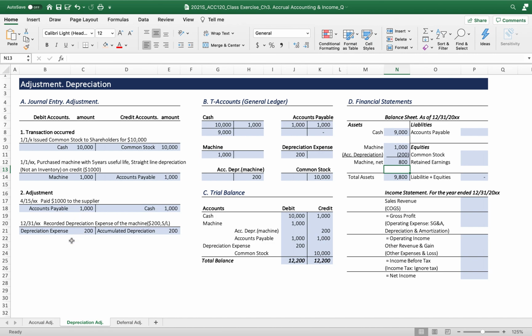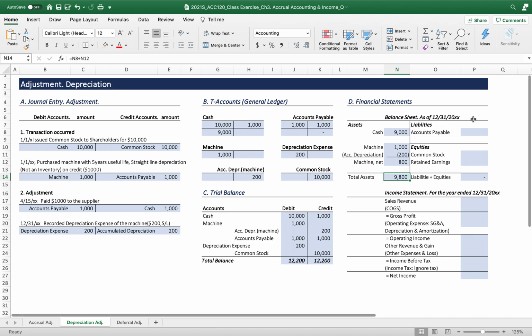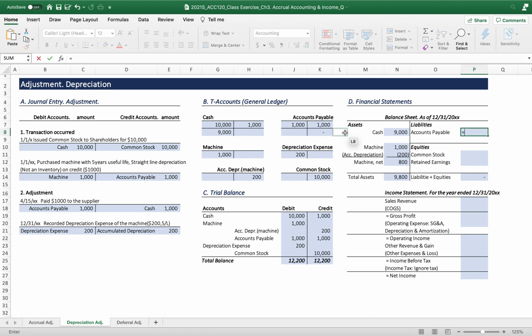With a useful life of 5 years, the remaining value is 4 years' value, 800. So it's matched. Total asset is 9,000 cash and machine 800. Then accounts payable, zero value, common stock, 10,000.